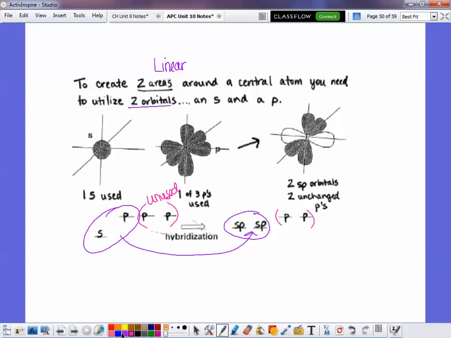Looking at the diagram up here, the white orbitals are my sp hybridized orbitals. Notice that the bond angle is 180 degrees. And then my 2 unused p orbitals are just kind of chilling there, not really doing much right now. I'll shade those in orange and green. Those are my 2 unused, or unhybridized, p orbitals.